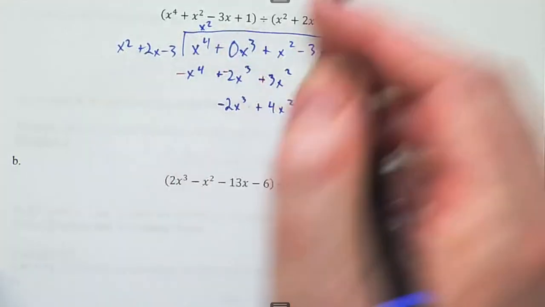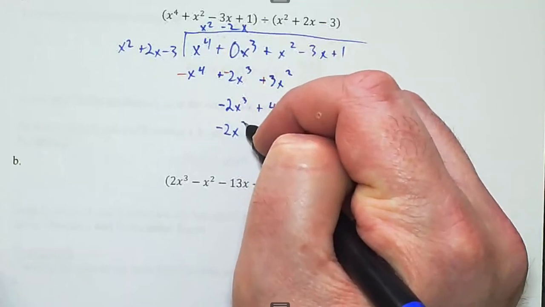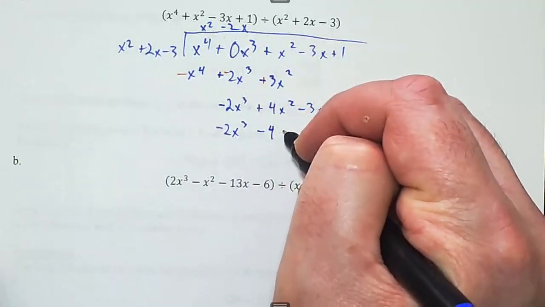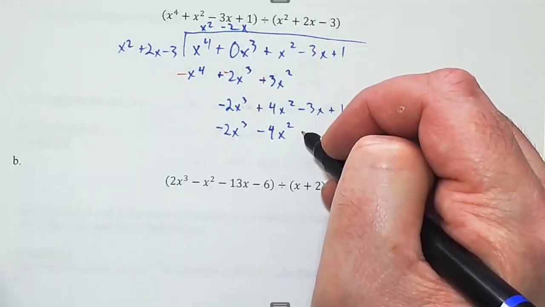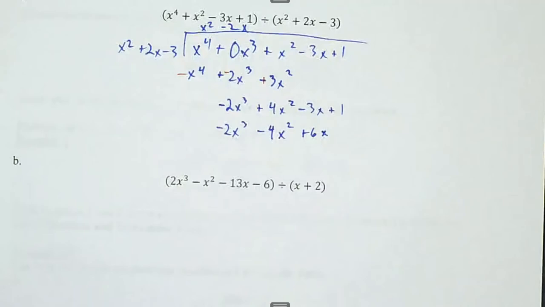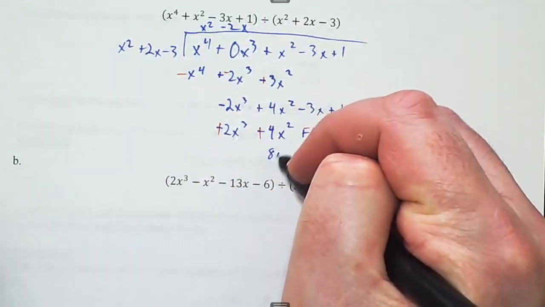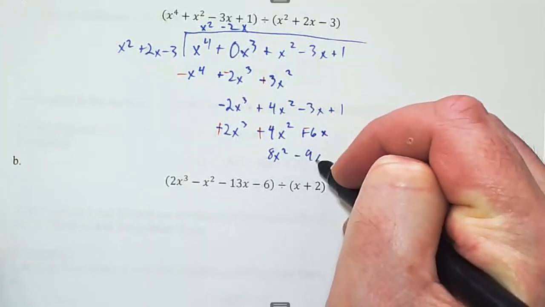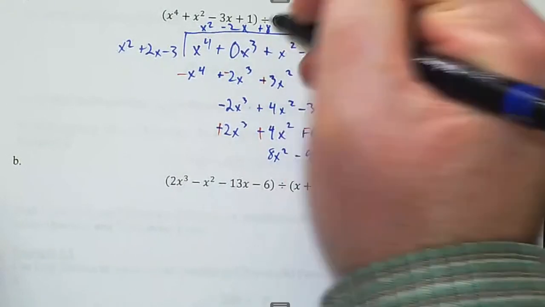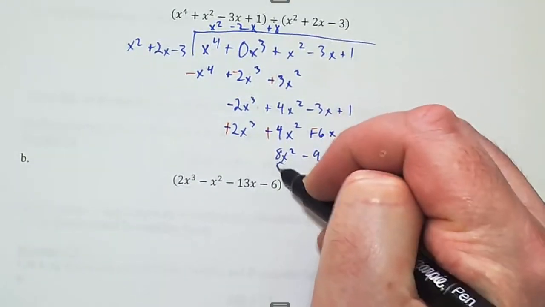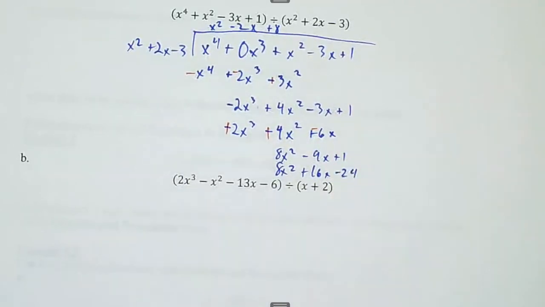Negative 2x cubed divided by x squared is a negative 2x. So that becomes a negative 2x cubed minus 4x squared plus 6x. But we need to change the signs, making this 8x squared minus 9x plus 1. I'll divide 8x squared by x squared and get 8. 8 times x squared is 8x squared, then plus 16x minus 24.